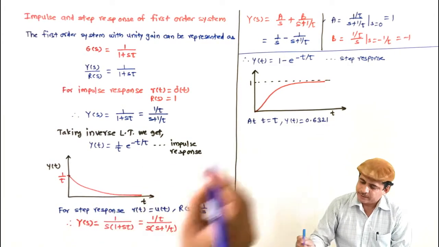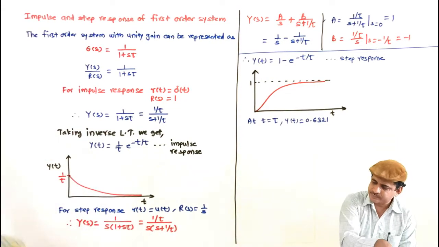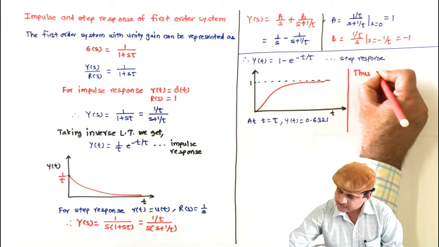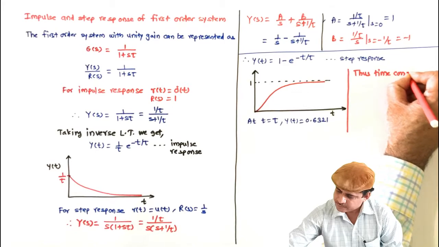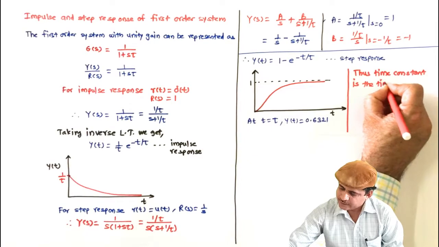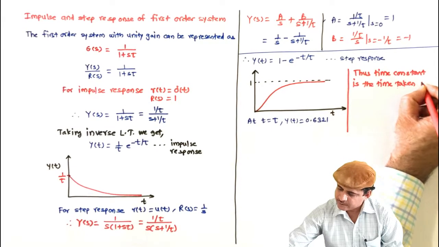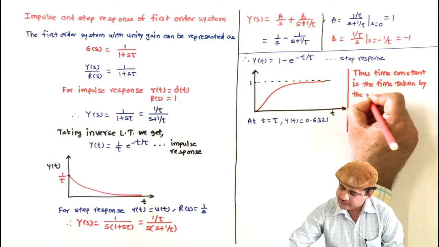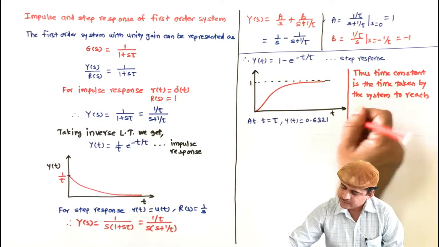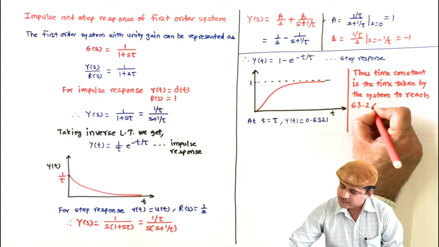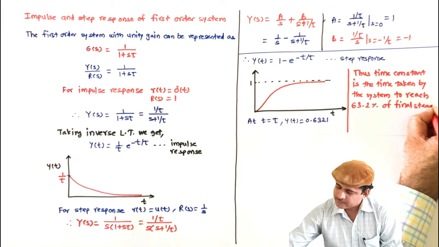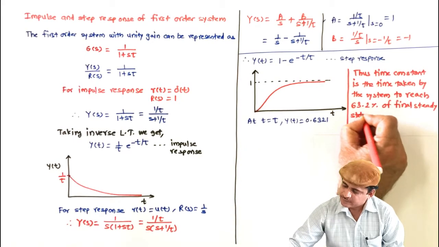And that is why, let us define the time constant. Thus time constant is the time taken by the system to reach 63.2% of final steady state value.